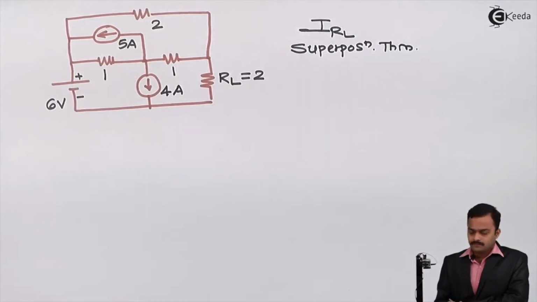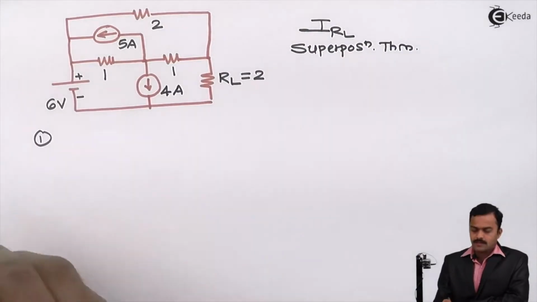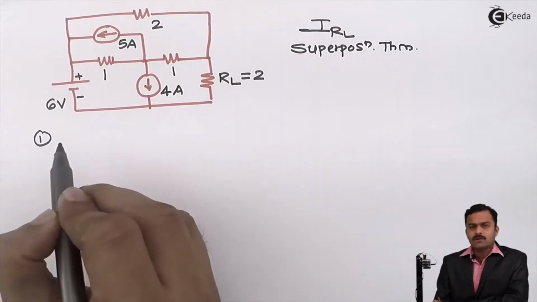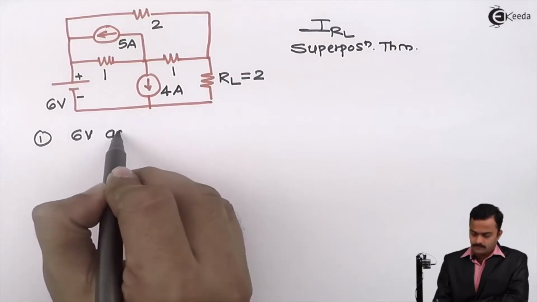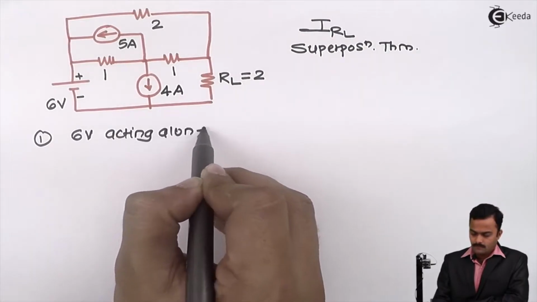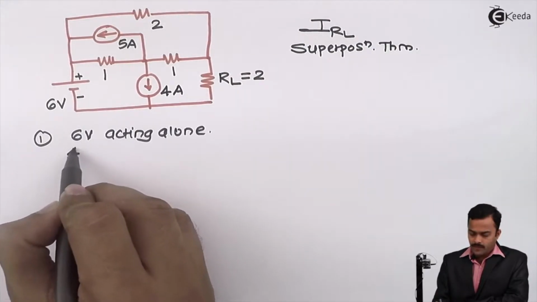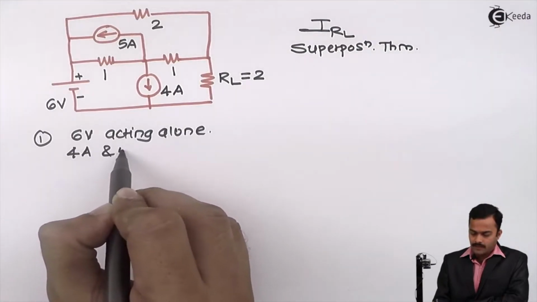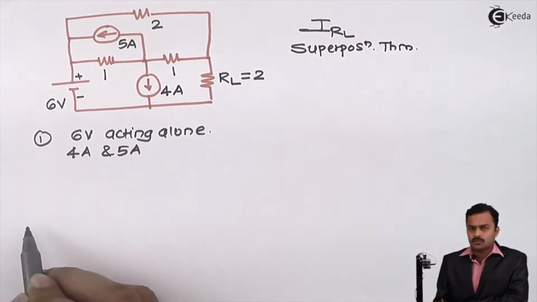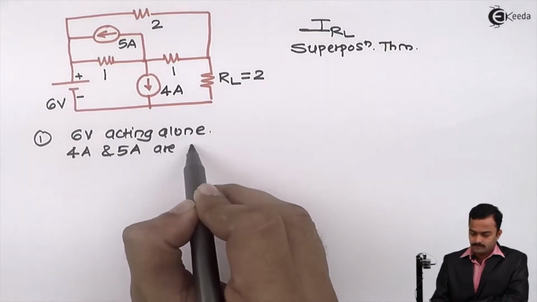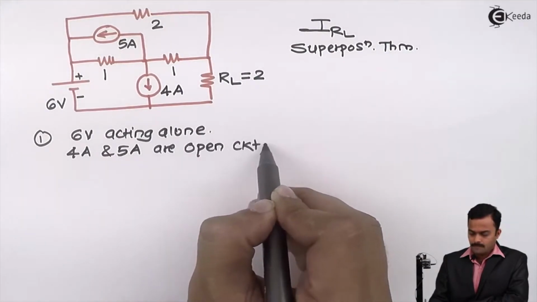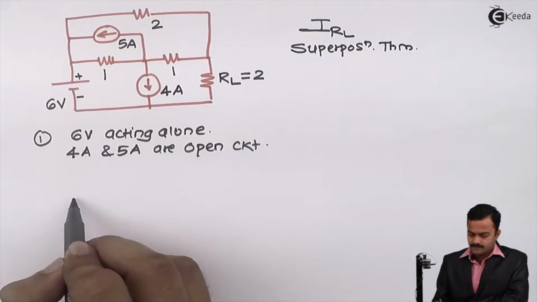So let's solve. First I will consider 6 volt acting alone. Then I am having 4 ampere and 5 ampere current sources which will act as open circuit. So the circuit will be like this.